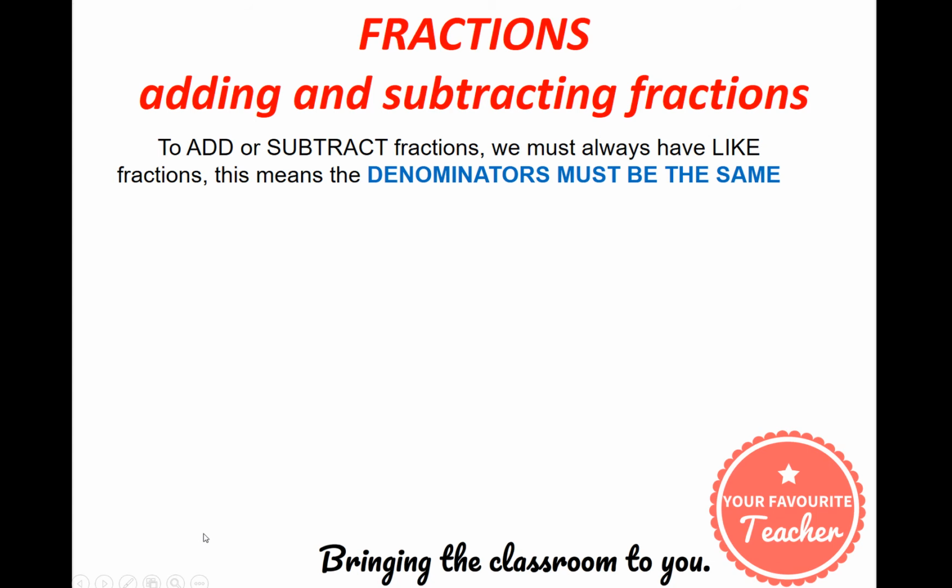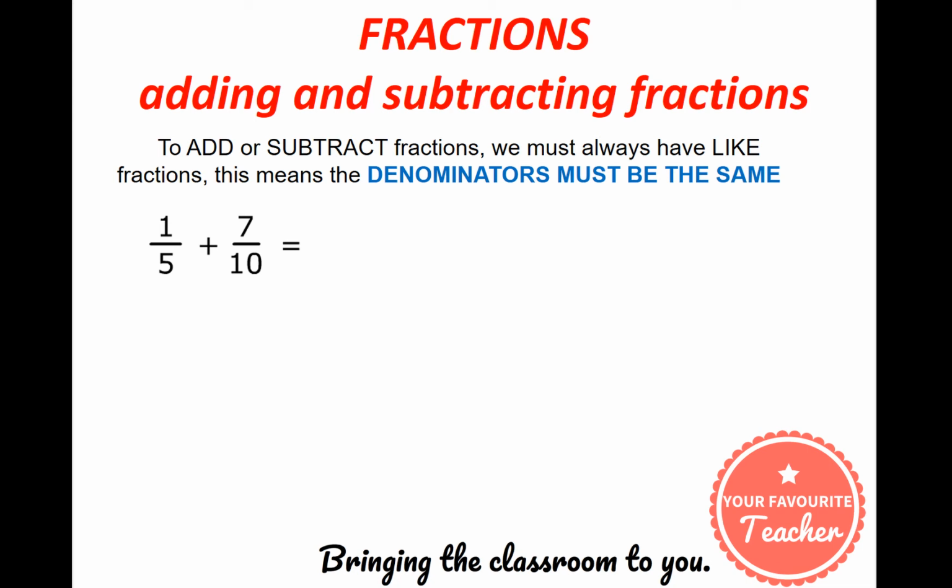But sometimes the denominators are not the same. So let's take a look at this example. We need to use equivalent fractions to make the denominators the same. So in this instance, I have 1 over 5 plus 7 over 10.